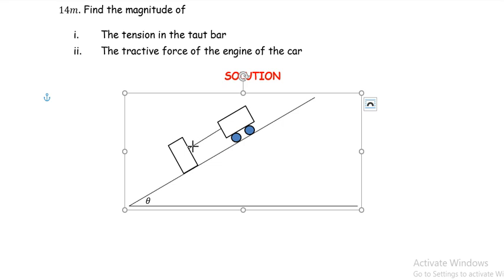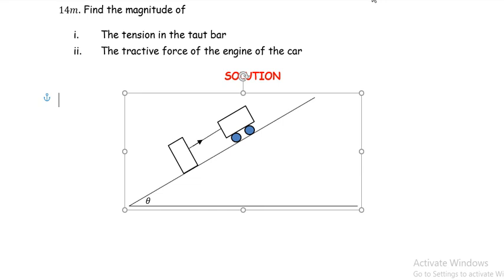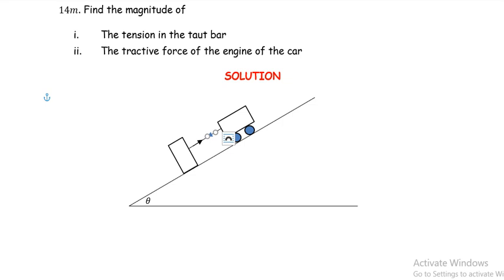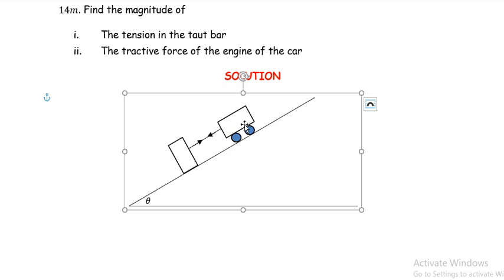So first of all, we have tension. Since this rope is attached to both the car and the carriage, the tensional force is acting towards the car, and also the same tensional force is acting towards the carriage. So you should take note, that's Newton's third law.